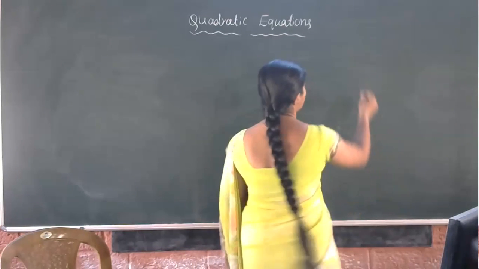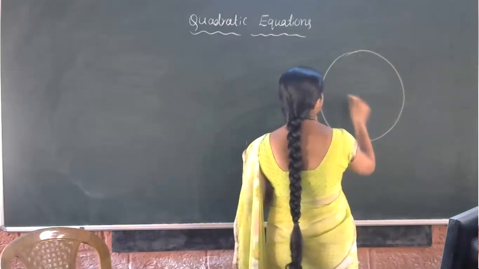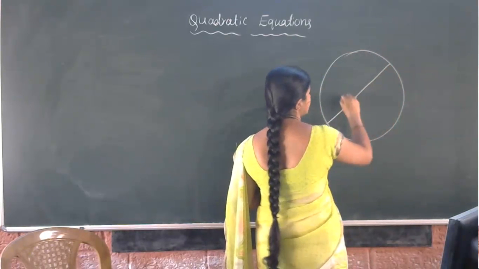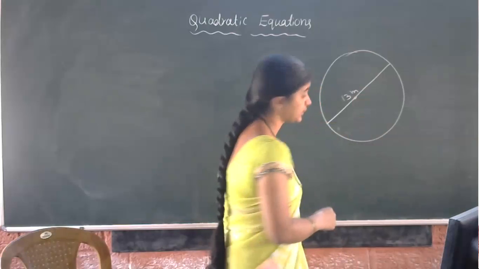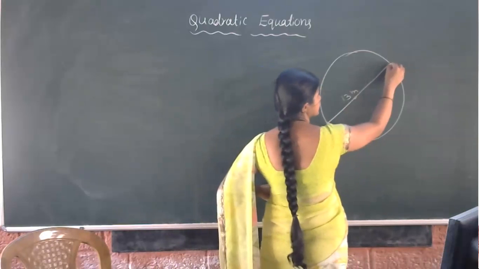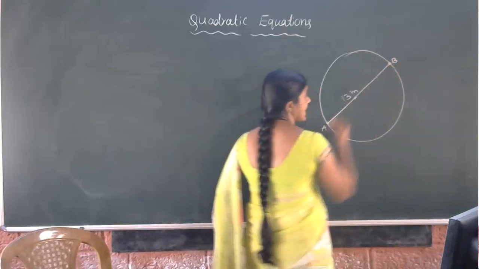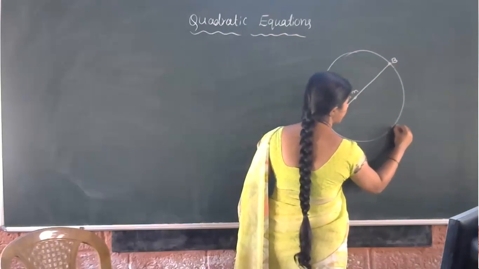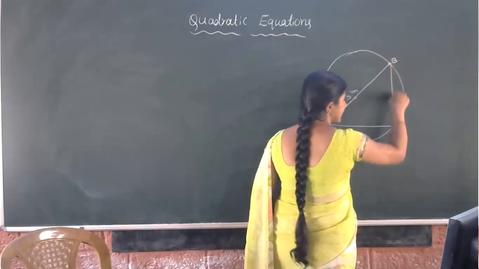See here, circular park. Diameter is 13. Diameter is 13 meter. Opposite gates, A and B. P be the point, the pole.